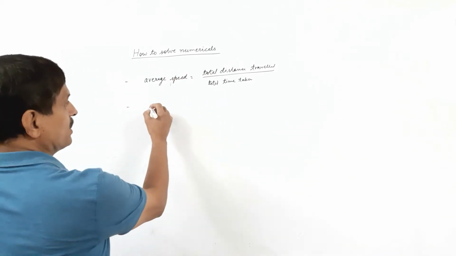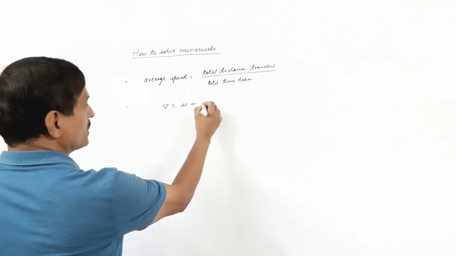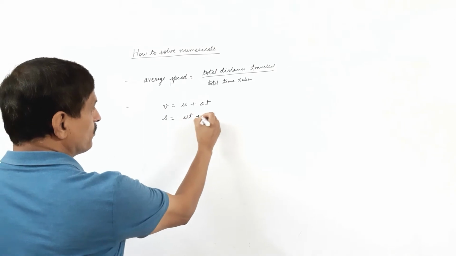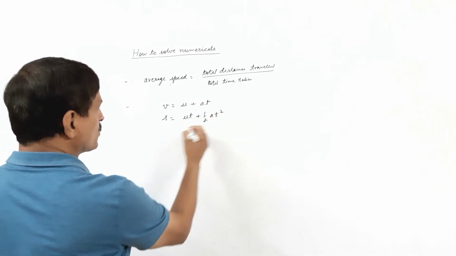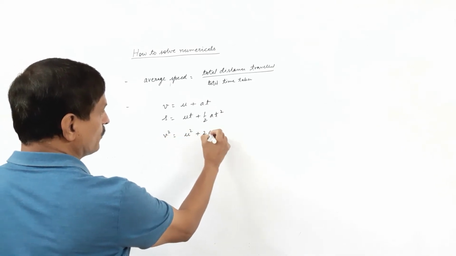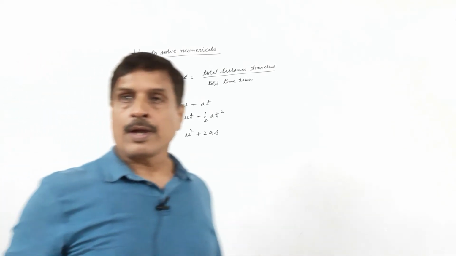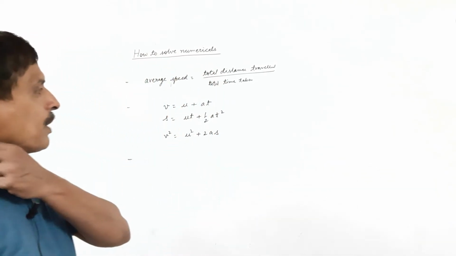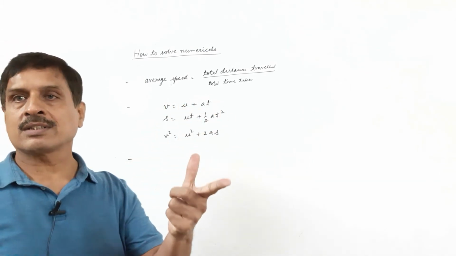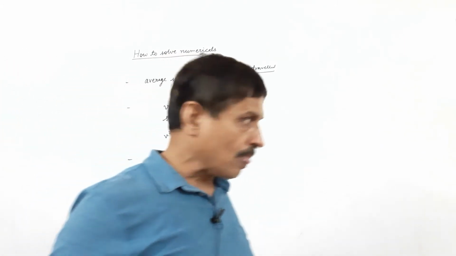The three equations of motion are v = u + at, s = ut + half at square, and v square = u square + 2as. While solving the problems, we are given all other physical quantities except one which is to be obtained or calculated.